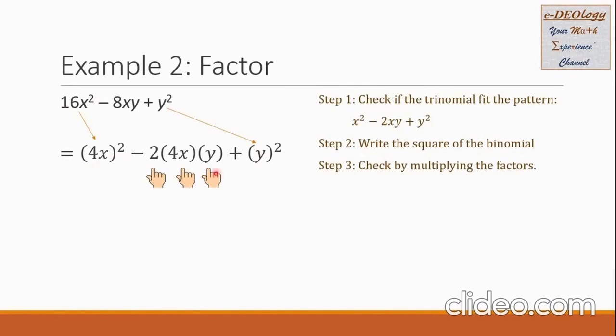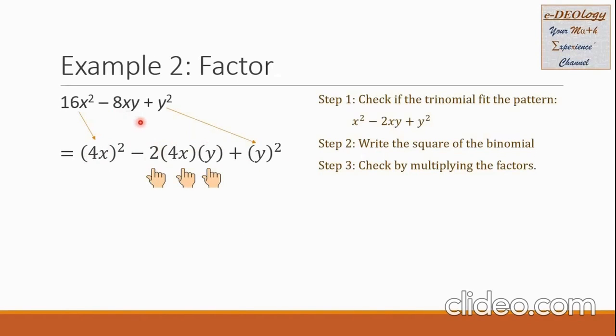For the middle term, first I will write the minus sign, and then the 4x and the y are written in the middle, and then times 2, and that is a constant. And I will hope that if I multiply 2 by 4x and by y, it will give me that 8xy.